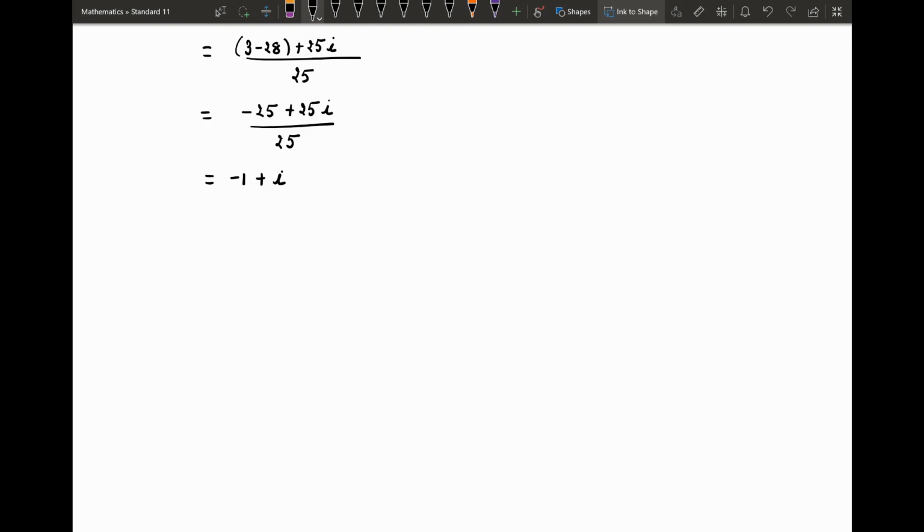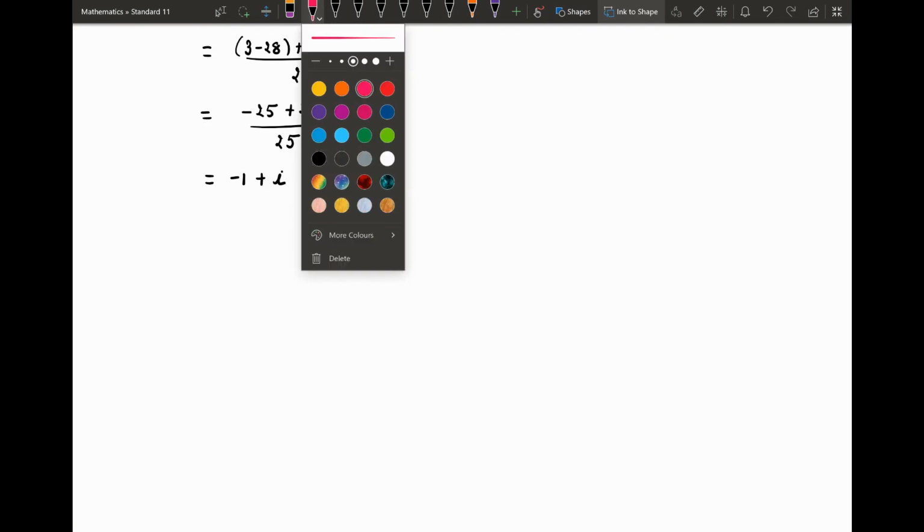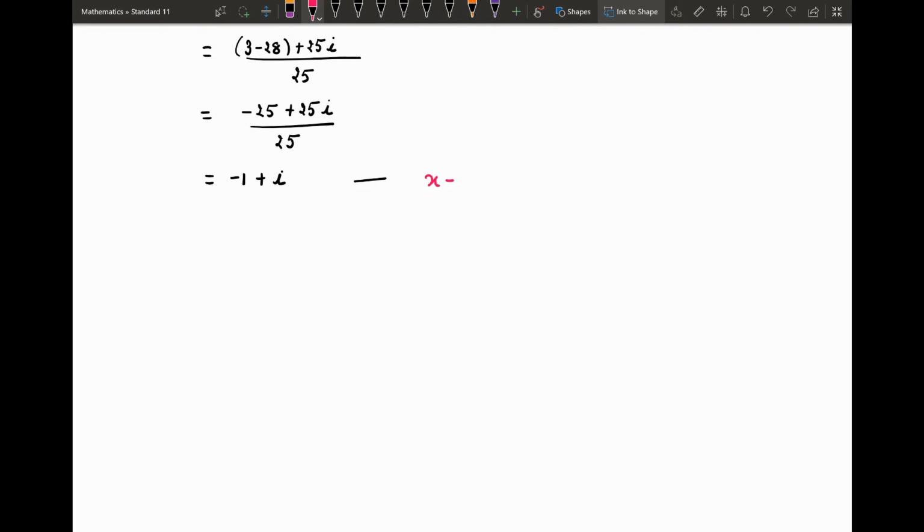So when we compare this complex number with x plus iy form, real part x equal to minus 1, y equal to 1.